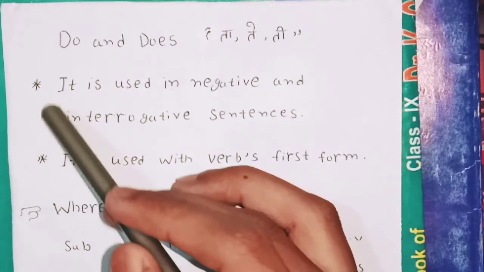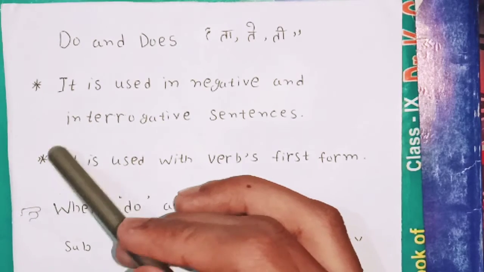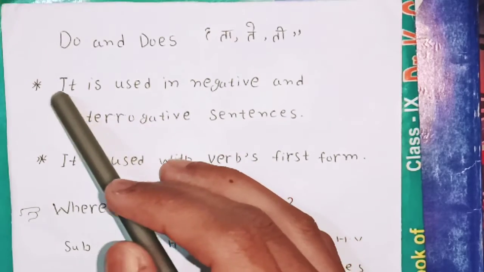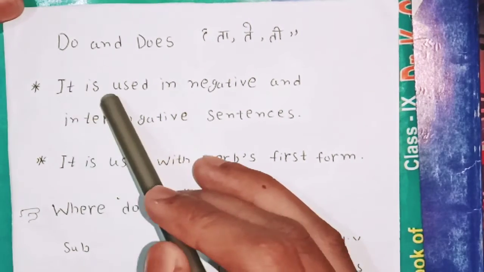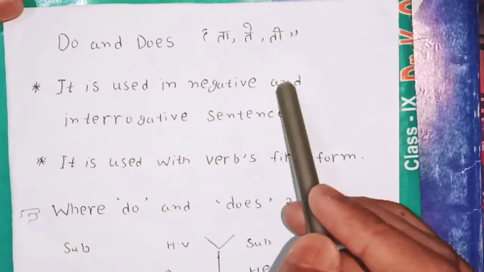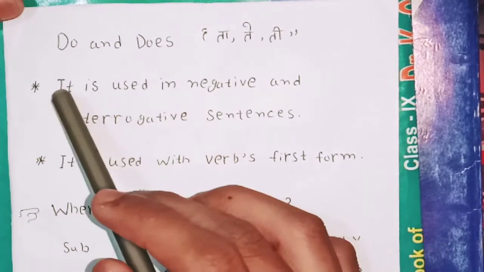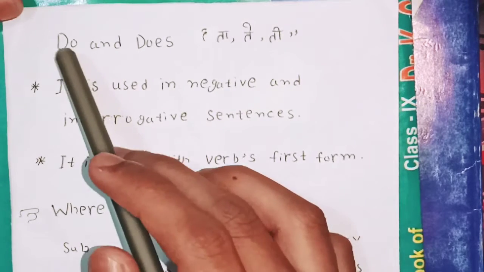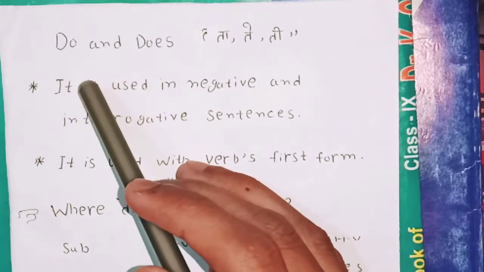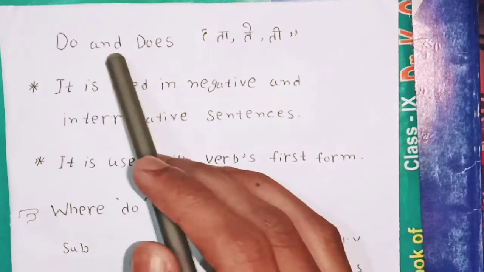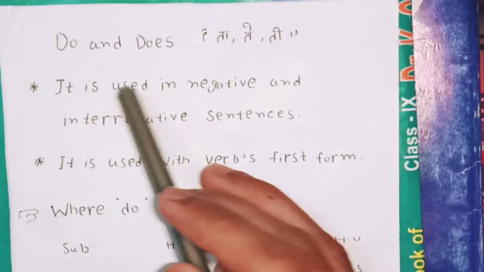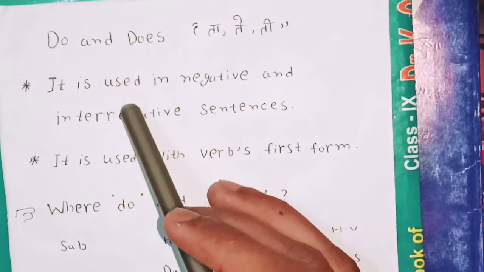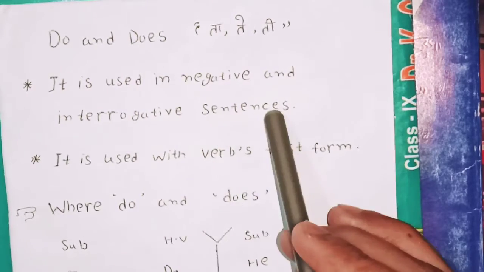Here are also written two facts which we must know. The first fact: do and does are used in negative and interrogative sentences.